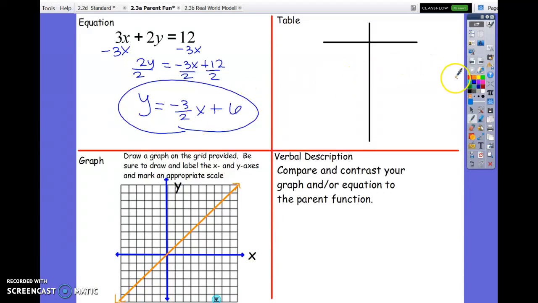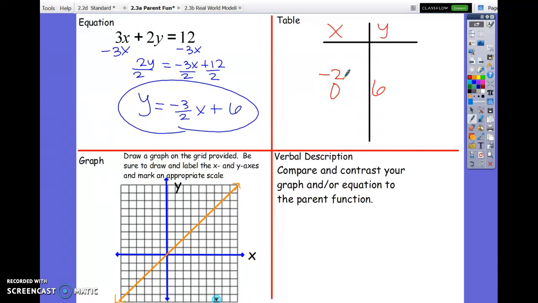So if we wanted to do our table of values first, something we could do is pick x values and then plug them in to find y. Well, of course, we already know our y-intercept at 0, 6. Let's say we want to look at x equals -2. What's y going to be?